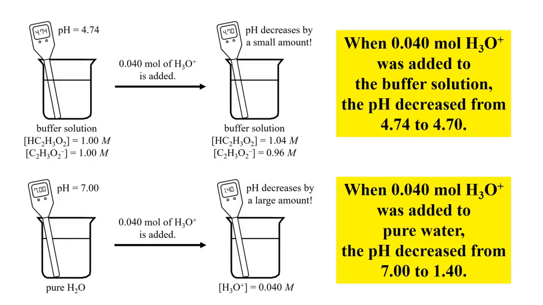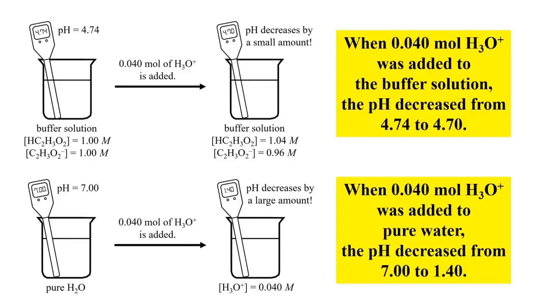So you can see that when 0.040 molar of the strong acid, or the hydronium ion, was added to that buffer solution, the pH decreased only a little bit, from 4.74 to 4.70. But as a comparison, if you add that same amount of hydronium ion to pure water, the pH decreased from 7 all the way down to 1.4.